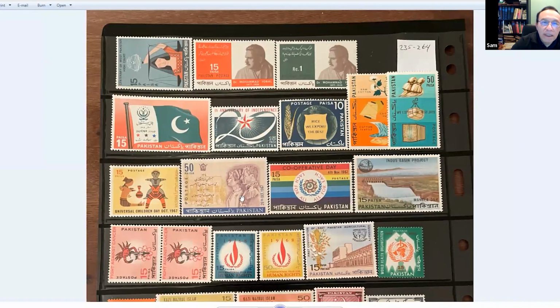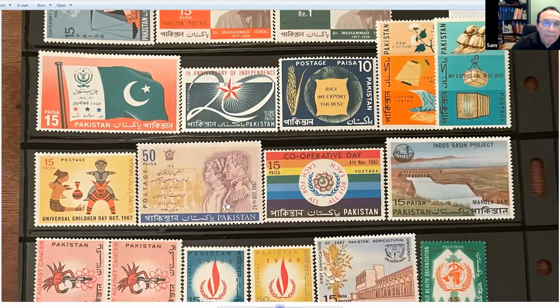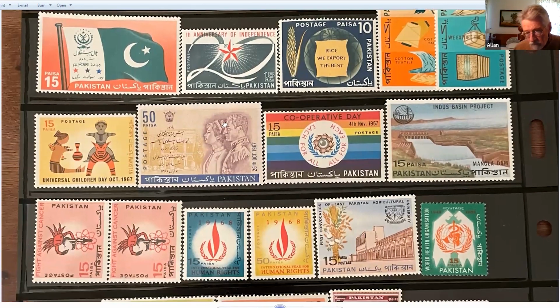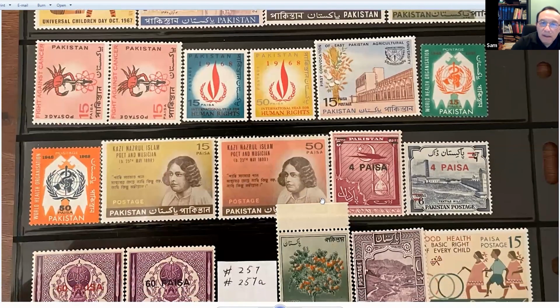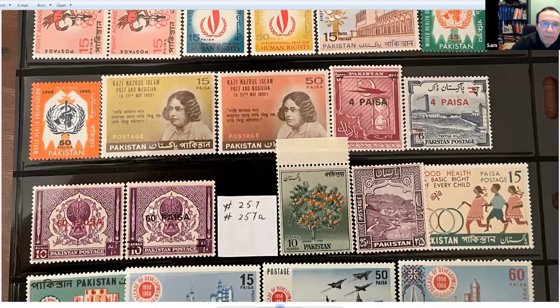Now, this is the coronation of the Shah of Iran, right? And this is cancer. The difference in here is just the color of the overprinting.